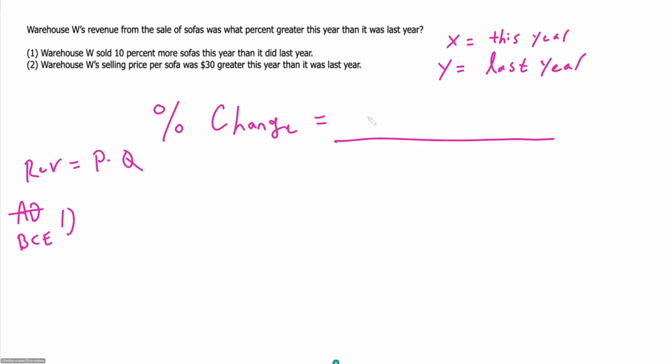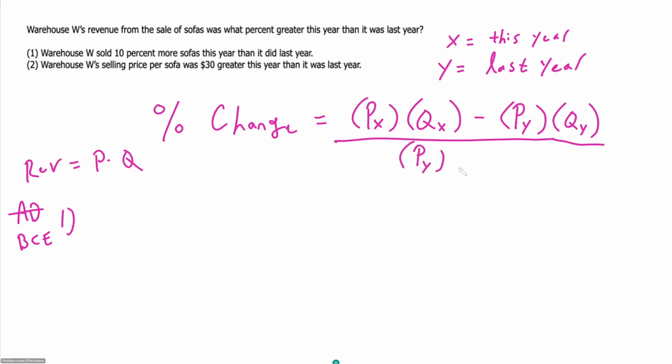So our question then would be, we were looking for the difference between price this year times the quantity sold this year minus price last year times the quantity sold last year, all over price times quantity last year.